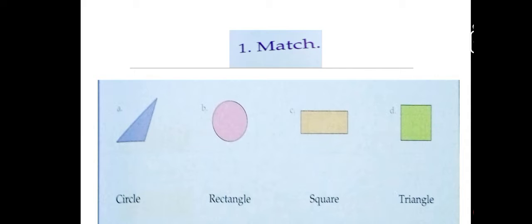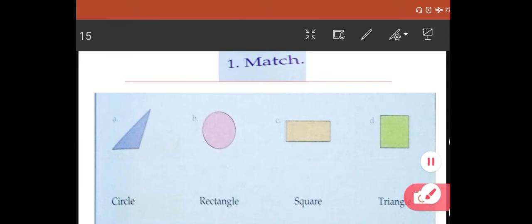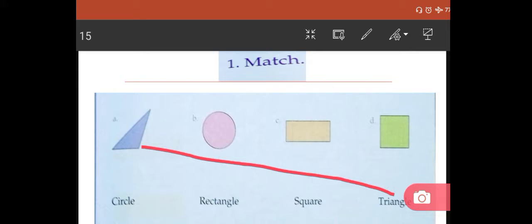Exercise 1. Match. Students, in front of us, some shapes are given. We have to match these shapes with their names. First of all, A. The shape is triangle. And the spelling is TRIANGLE.